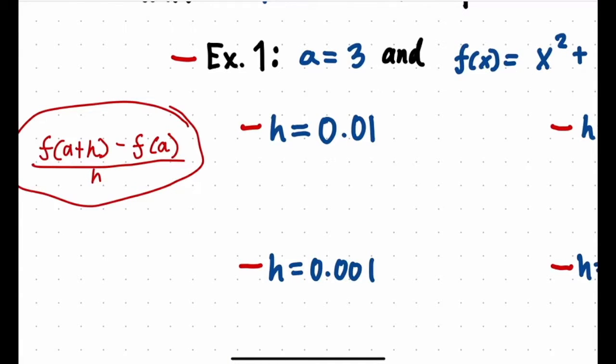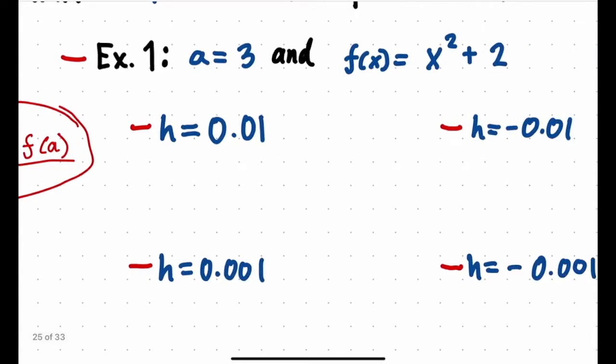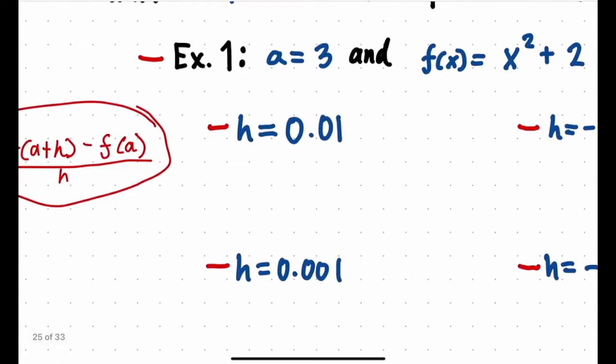So f of a plus h will become f of 3 plus 0.01, which is, we can just plug that in as the x, right? So it's 3 plus 0.01 squared, right? That's the x, plus 2.